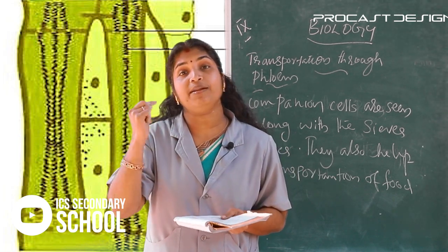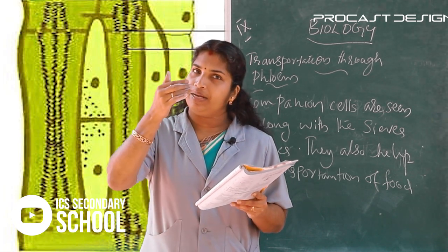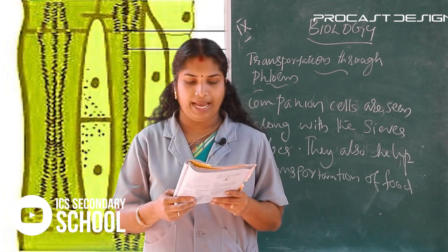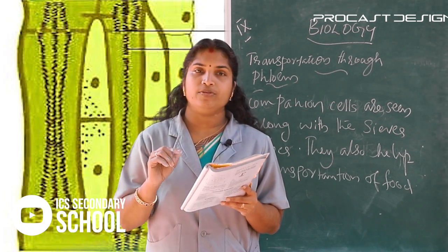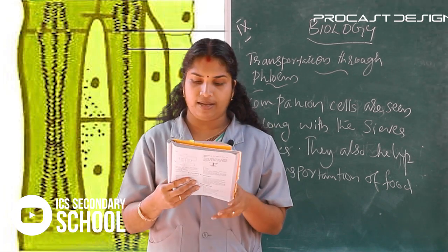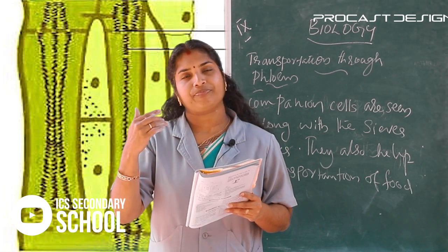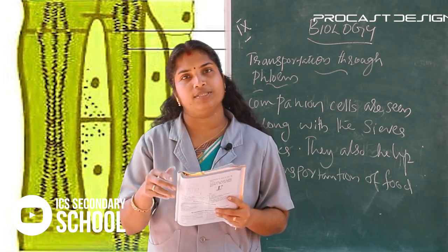These pores help in the conduction of food materials from the leaves to different parts of the plant body. Unlike xylem vessels, pores are seen in the cross walls, and through these pores the cytoplasm of the sieve tubes is also interconnected, through which molecules can travel.